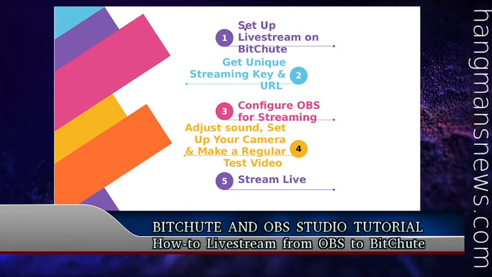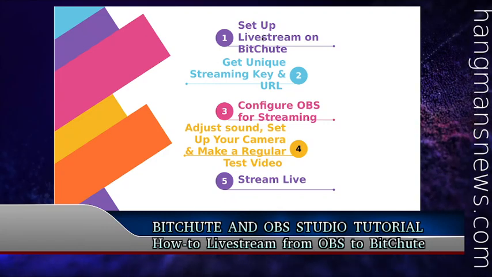So we're gonna go there and click the live stream button, and once you find it and click it, it'll take you to a place that looks very similar to when you're uploading a video. And what we're gonna do there is set it up.